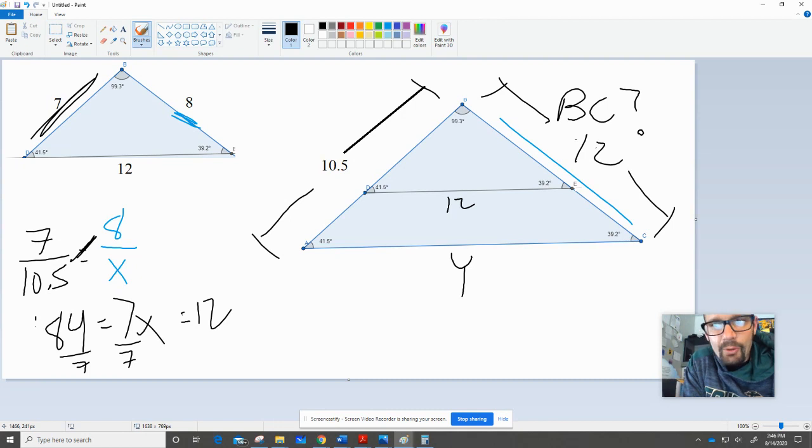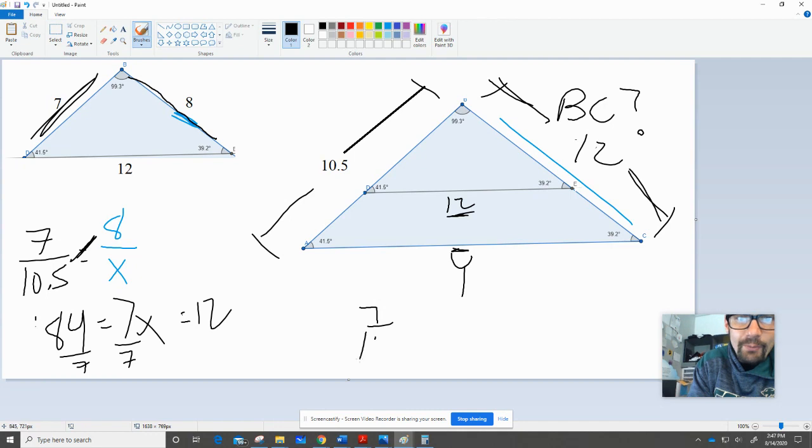Again, the triangles are similar, so the sides that are corresponding to each other, basically the sides that are in the same location, are going to be equally proportional. So this thing has a length of 8, and this whole thing BC has a length of 12. We could also do the same proportion with the 12 and the Y. So the 12 and the Y are going to have the same proportion as the 7 to the 10.5.